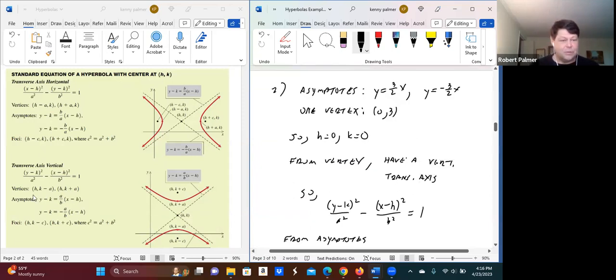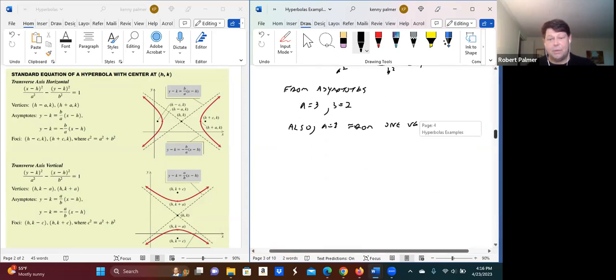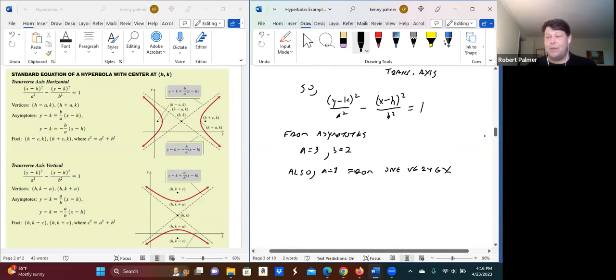Since k is 0 and we're in this case, we can tell that a is 3 from the one vertex. And now we know everything we need because we know h, k, a, and b.